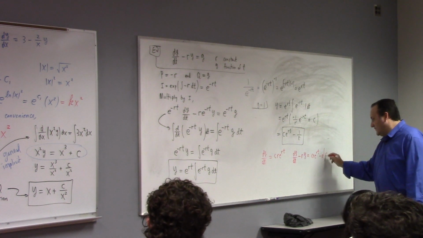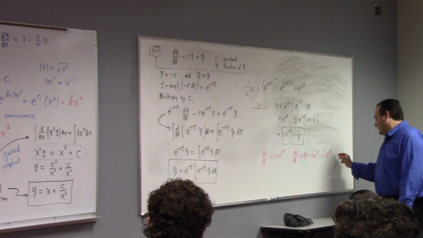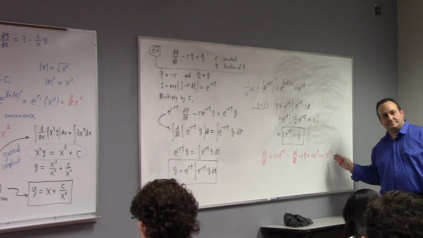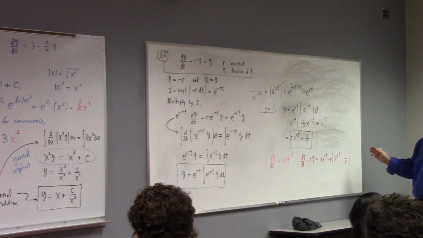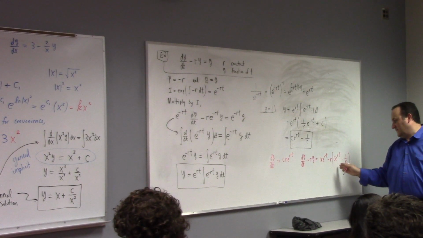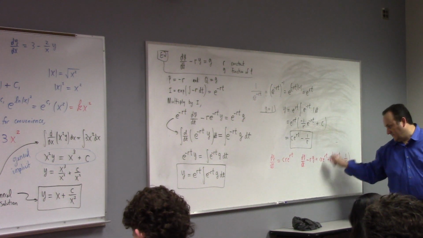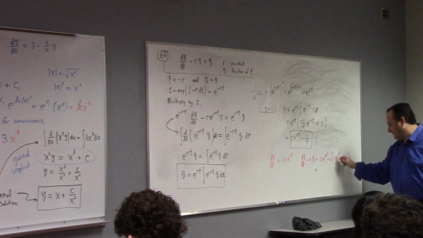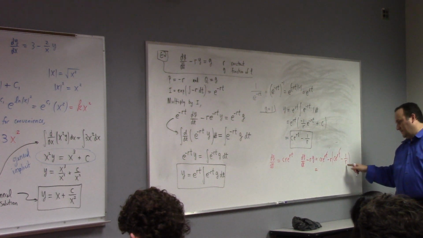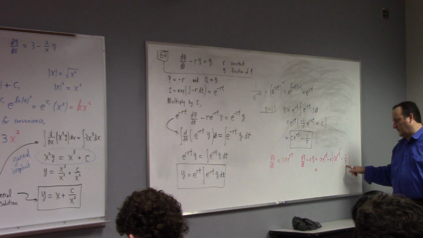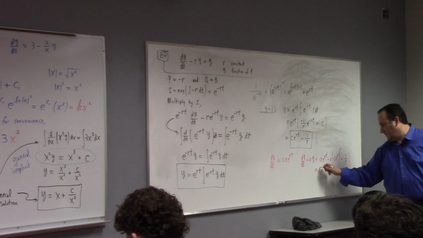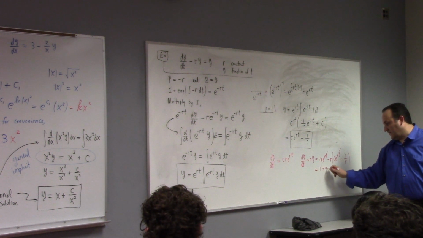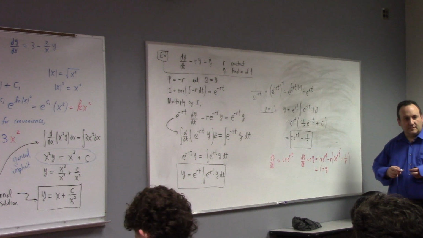What was y? y was C e to the RT minus 1 over r. So no matter what C is, they cancel. The pattern here conspires for these terms to cancel out. And what are you left with? R times 1 over r, so that gives you 1, which of course is what I call G in our current context. Okay. So it works.